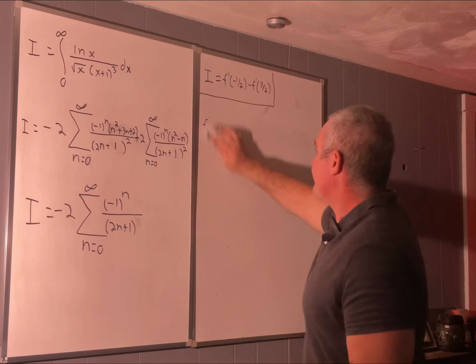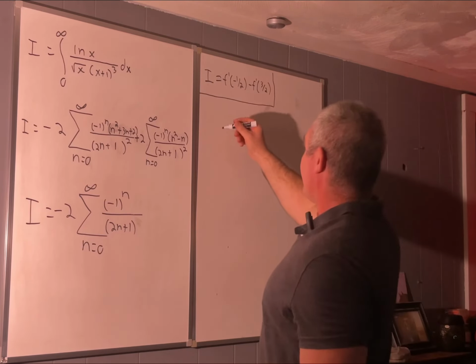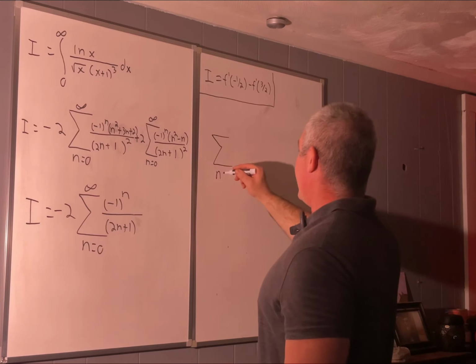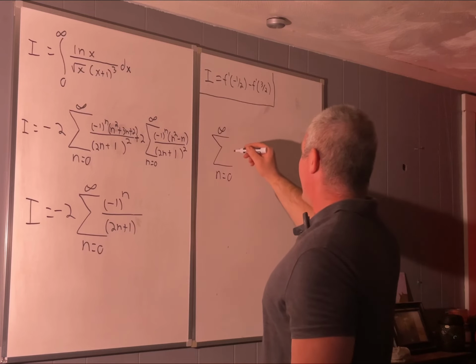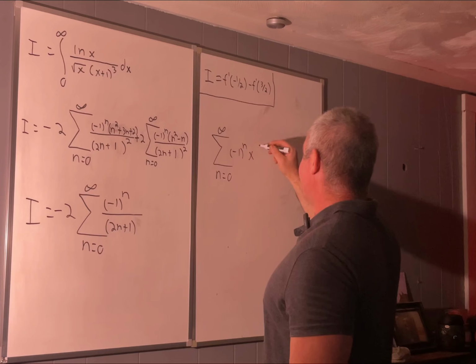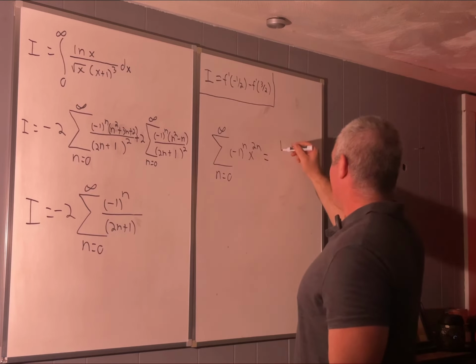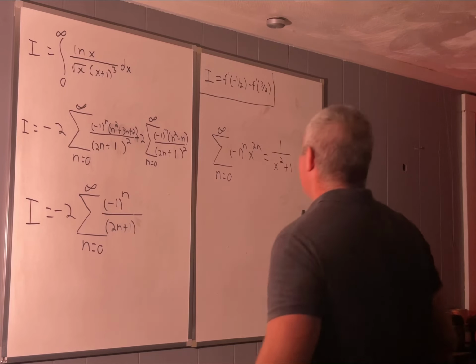So let's recognize that the sum from n equals 0 to infinity of -1 to the n times x to the 2n is equal to 1 over x squared plus 1.